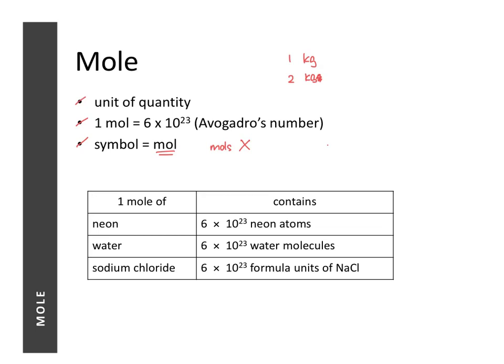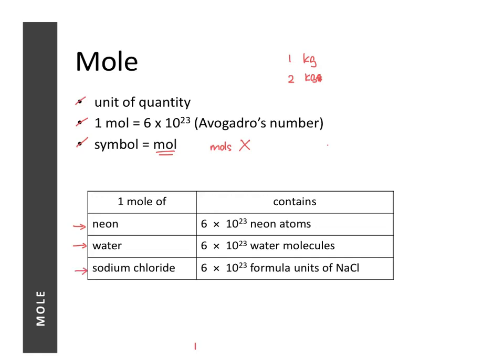Alright, so essentially what do you need to remember for mole is this: that 1 mole of anything simply means that I have 6 times 10 to the power of 23 of that thing. If I have 1 mole of neon atoms, I have 6 times 10 to the power of 23 neon atoms. Okay, if I have 1 mole of water molecules, I will have 6 times 10 to the power of 23 water molecules.